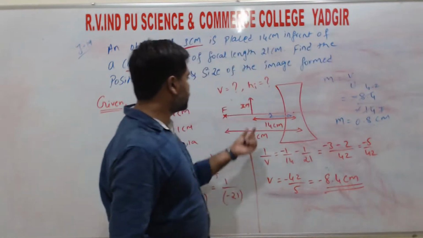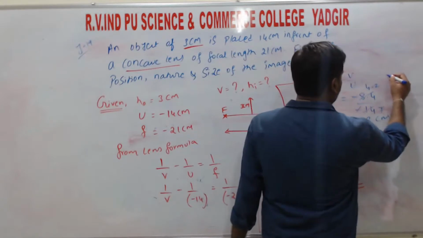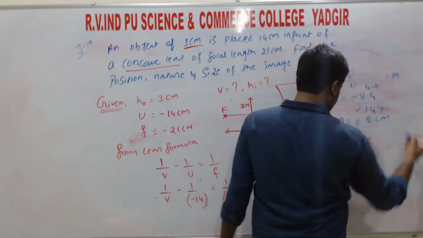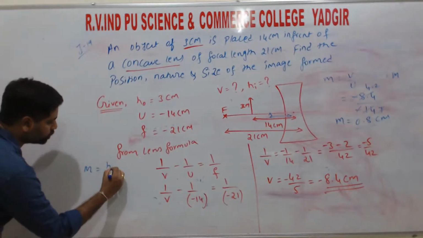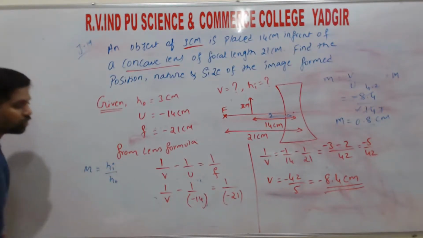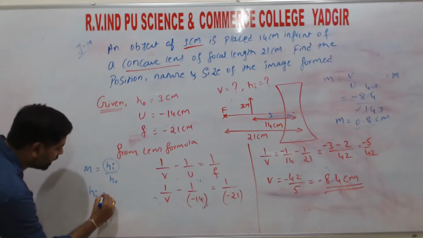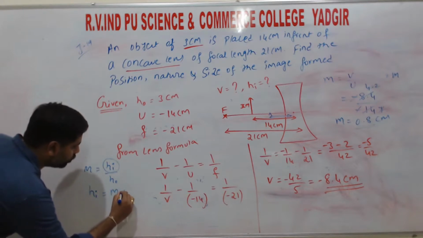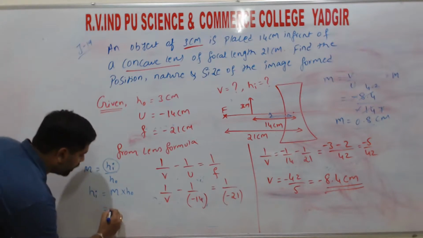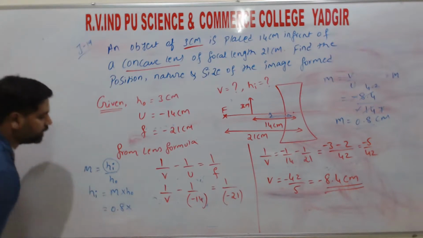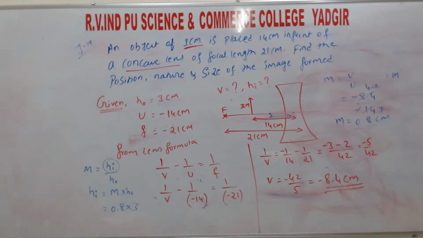So from the magnification we need to find the height of the image. We also know magnification m equals the height of the image to the height of the object. So we need the height of the image: h_i equals m into h_o. The magnification is 0.8 into the height of the object, which is 3.